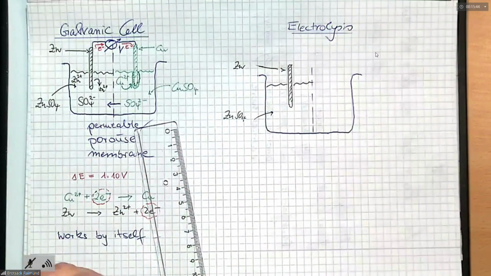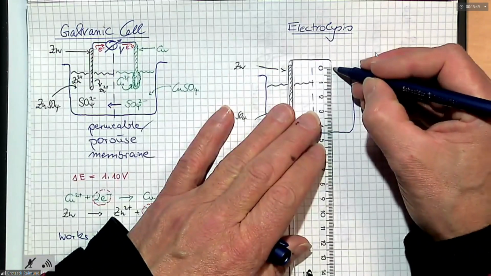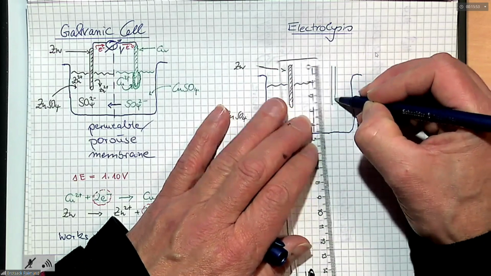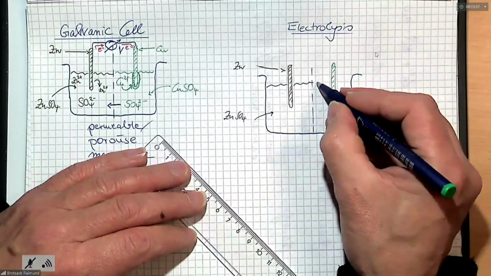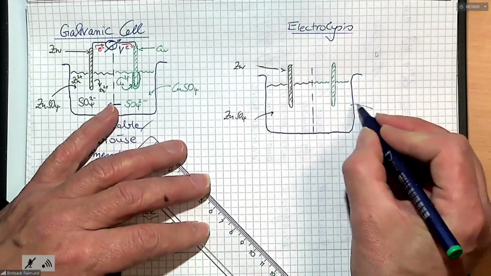On the right side, we have the copper system as we know it. So that is nothing new. In the copper electrode in a copper sulfate solution.